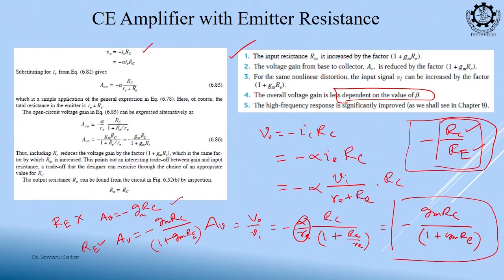Okay. So, your gain is reduced by a term, 1 plus GM RE, and by the same term your input impedance is increased, your overall voltage gain is less dependent on the value of beta, and high frequency response is improved. So, these are the advantages of using negative feedback.